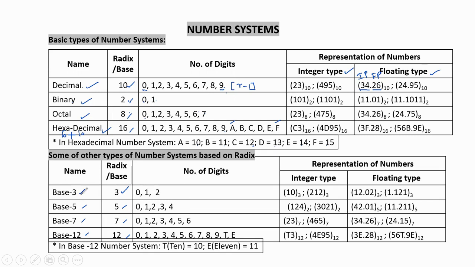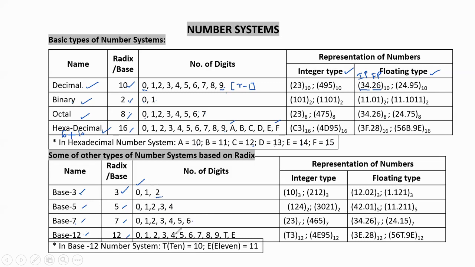Now for the base 3 number system, the total number of digits is 3, always starting with 0 and ending with r minus 1. R minus 1 means 3 minus 1, that's why it is 2. Similarly for base 5, 0 to 5 minus 1, which is 4. For 7, 0 to 6.